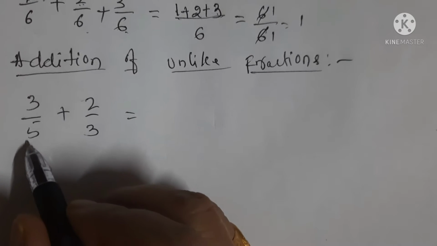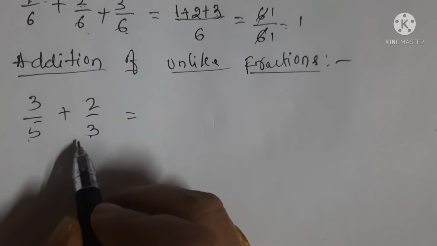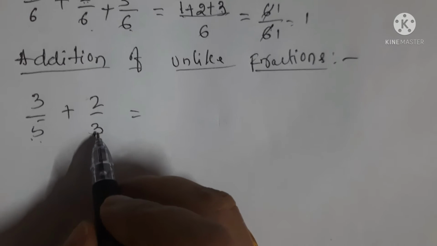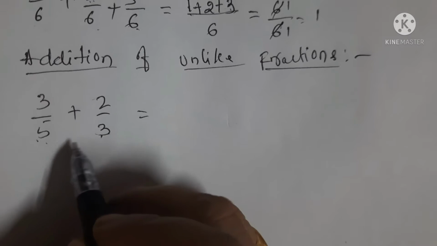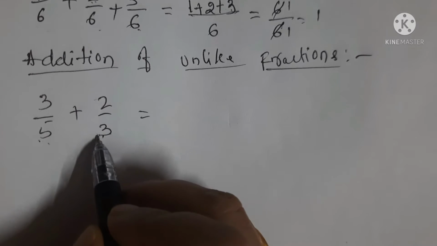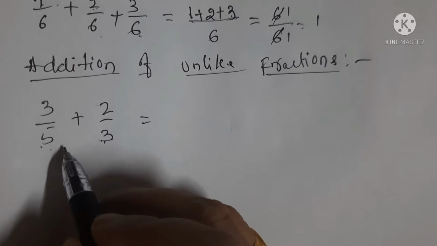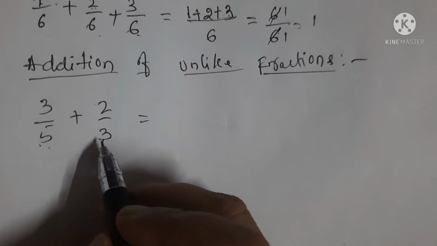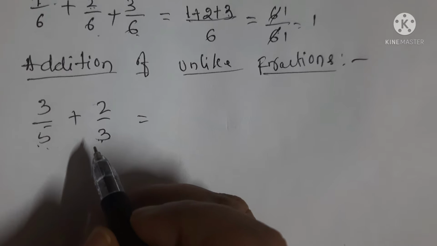Why? Because here you have unlike fractions. In unlike fractions you will have different denominators, so you can't add directly. For that reason you need to take the LCM to find the addition or subtraction for unlike fractions.